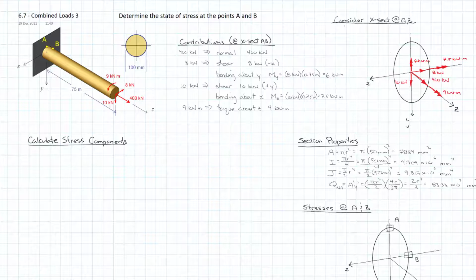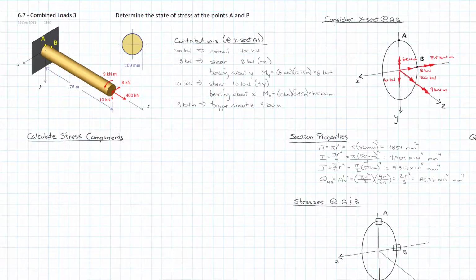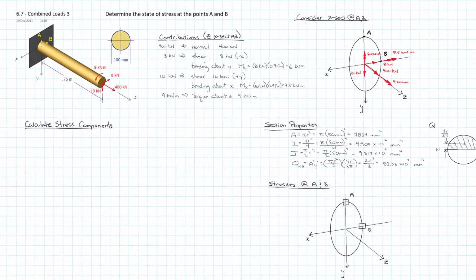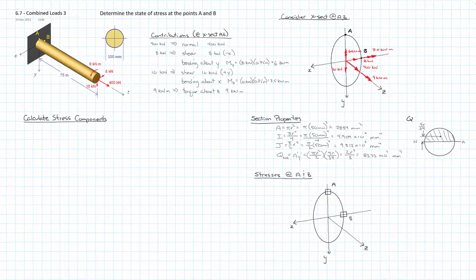And so all we need to do is, so we have three forces, three moments, if you will, we have to apply those with the appropriate equation to get the appropriate stress that they're causing at our points A and B. And remember, I'll draw them in here. So remember, our point A is up here, and our point B is down there. So I'm happy there. We have all of our forces acting on the cross section.